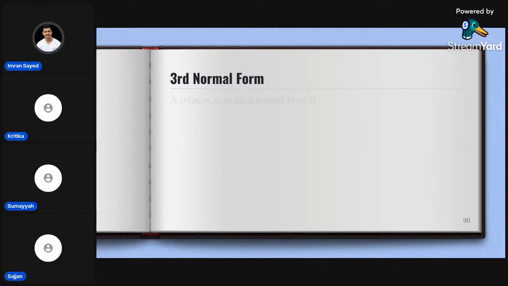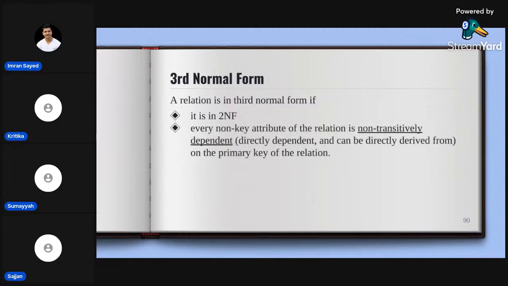Okay, third normal form. A relation is in third normal form if it is in 2NF, and every non-key attribute of the relation is non-transitively dependent, or directly dependent, and can be directly derived from the primary key of the relation.